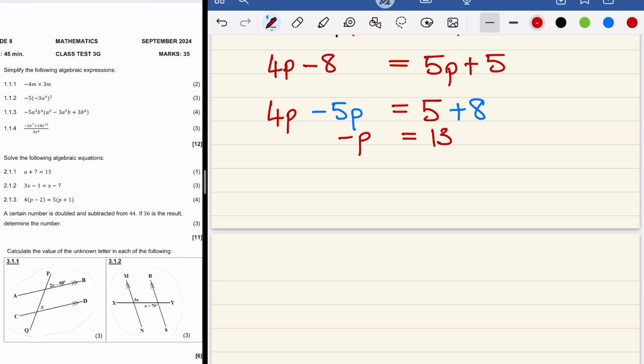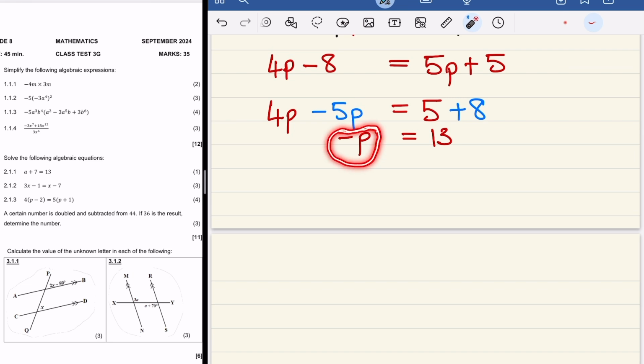And at this point, things get a bit weird or confusing, because we're not always used to seeing a negative variable here. We know that we're solving for p, but now we've got this annoying -p. Some of us forget what to do here, so we just tend to leave our answer like that and move on. In which case it's wrong, because we weren't asked to solve for -p, we were asked to solve for p.